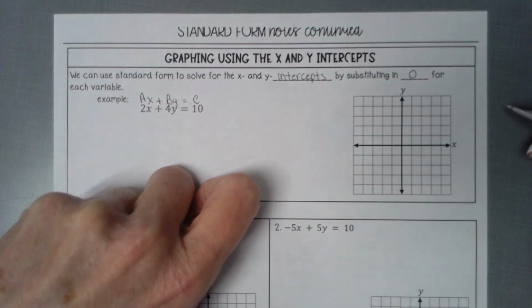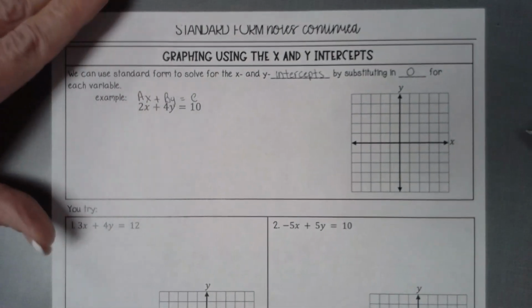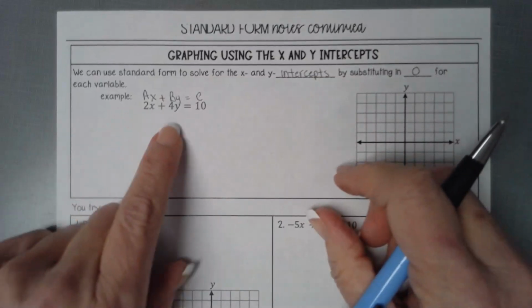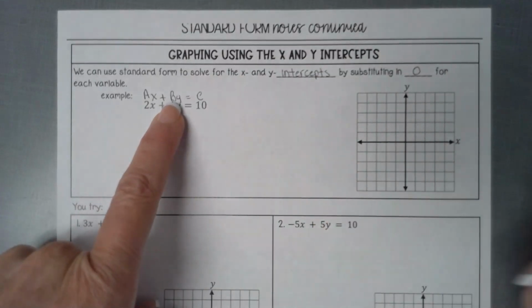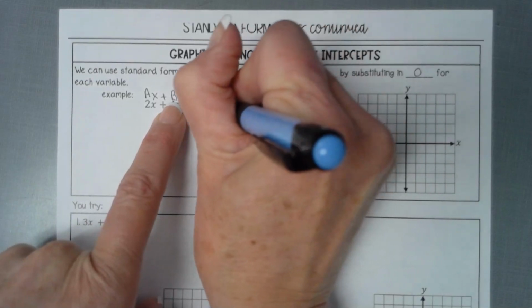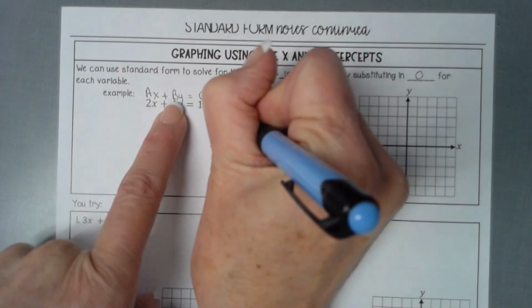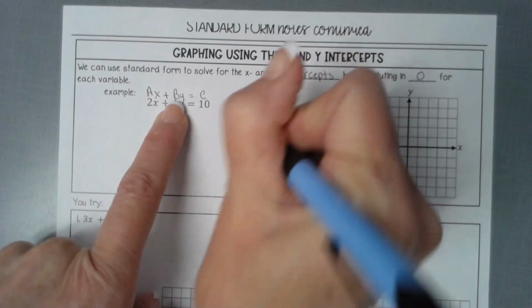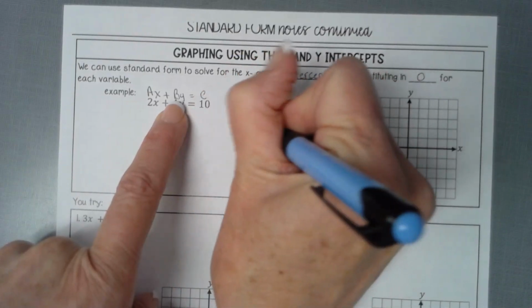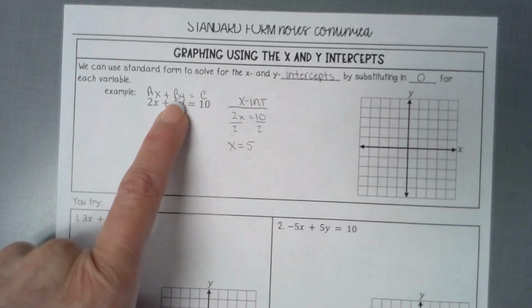And you guys know that as cover up, cover up. So for example, if I want my x-intercept, I cover up my y. I'm just going to write this out the long way. So I cover up my y, and I have 2x equals 10. I divide both sides by 2, and I find out my x-intercept is 5.